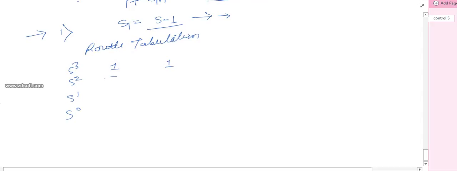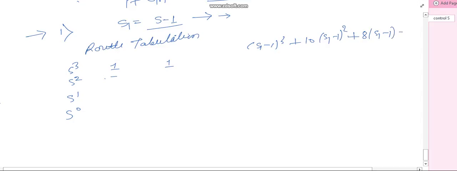Okay, let me solve it by putting s1 minus 1 cube plus 10 (s1 minus 1) square plus 18 (s1 minus 1) plus K is equal to 0.